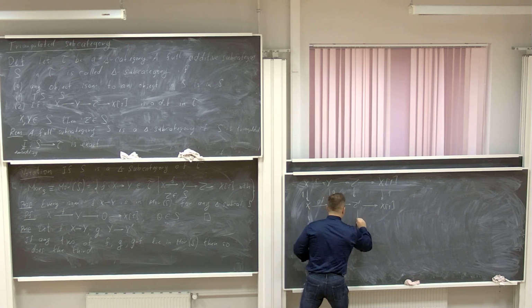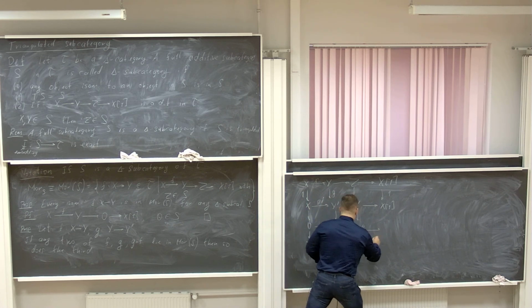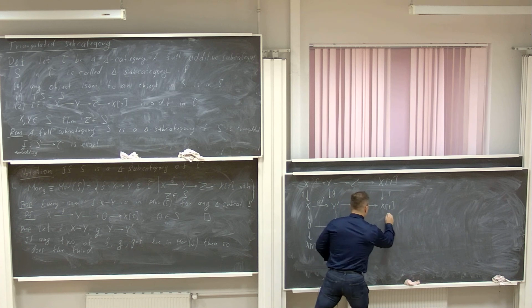Essentially I'm just copying the diagram from the axiom, but with the notation that I have in this proposition.